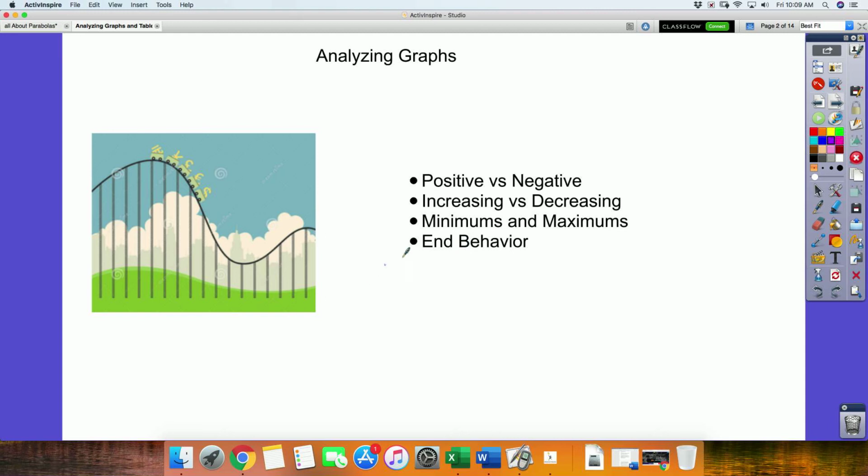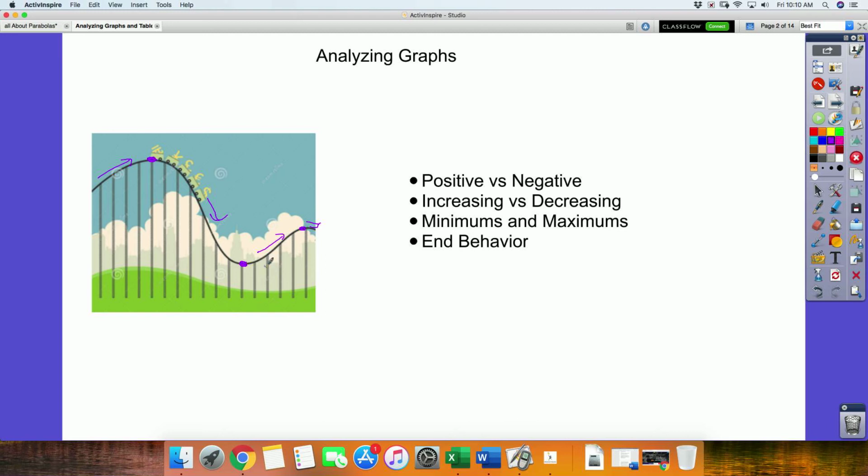So as we're doing these sections, what I want you to think of is being on a roller coaster. A roller coaster has its ups and its downs, and it can go up and down many times in one ride. And you hit that high peak, and then it drops you down, and you'll hit the lowest point, and it'll shoot you back up again.